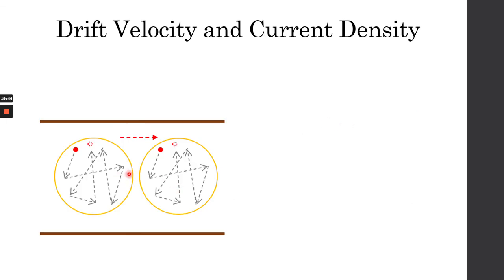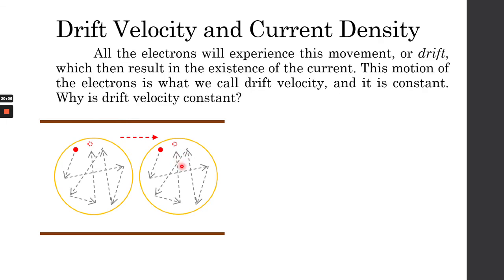And what happens is this. So this is your original area now. After a certain time, after we hooked up the battery, after experiencing an electric field and an electric force, the original area now, instead of here, it sort of moves from here. So this movement, this drift, is what we call drift velocity.